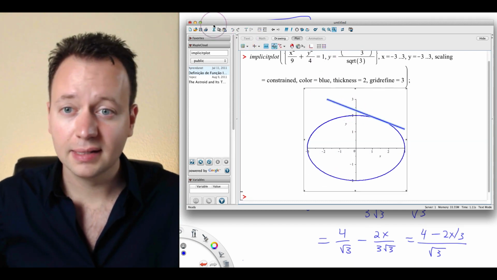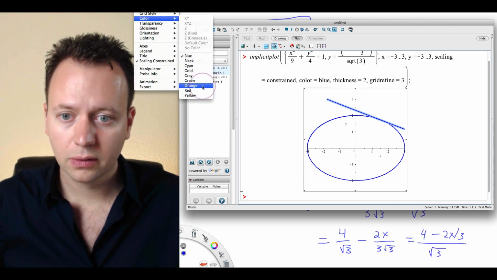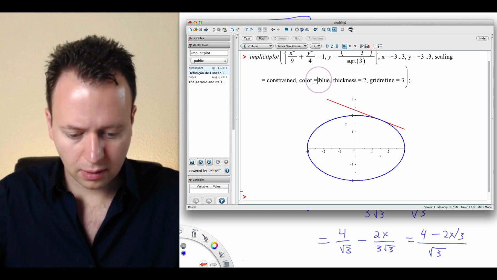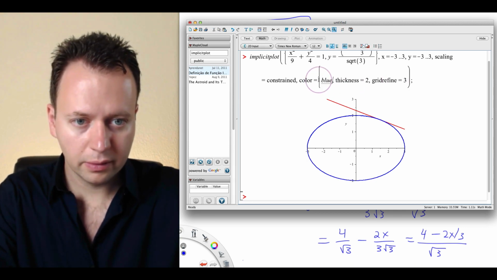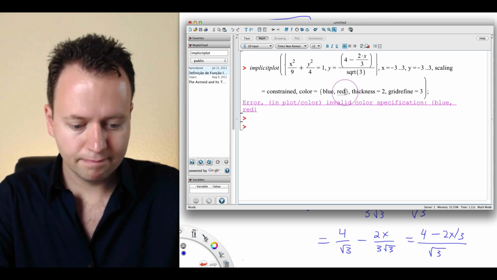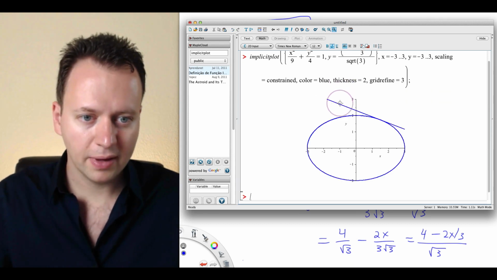And we see that it is indeed tangent to the ellipse.